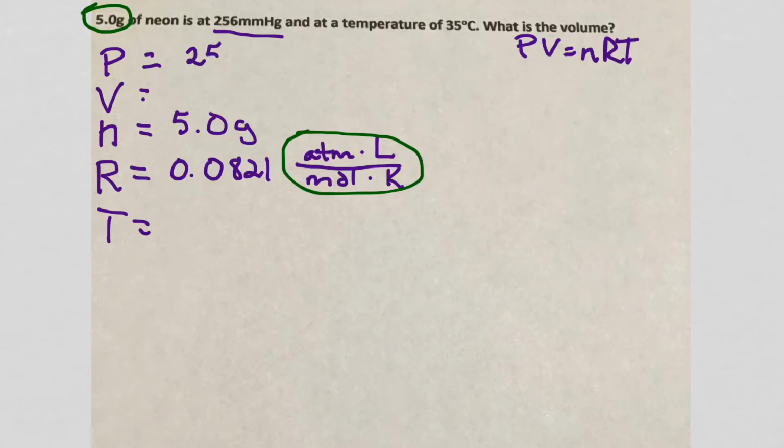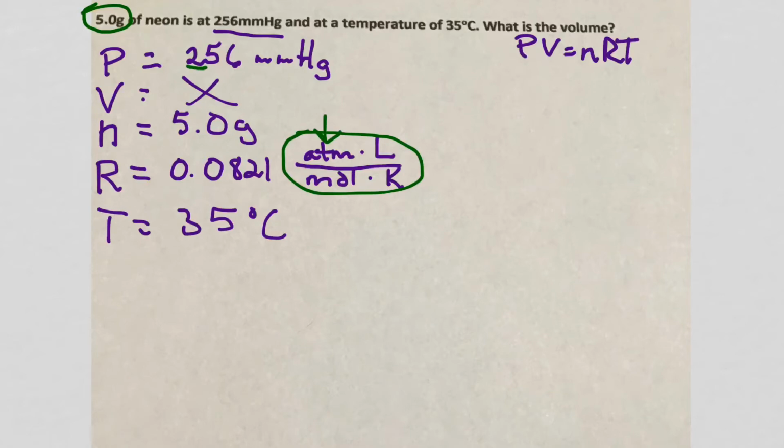Pressure. It's all about having those labels memorized so that you can tell what things are. And then temperature, it tells us straight up that's 35. So volume is our X. Now, remember, our pressure has to be in ATM, so we're going to change that.